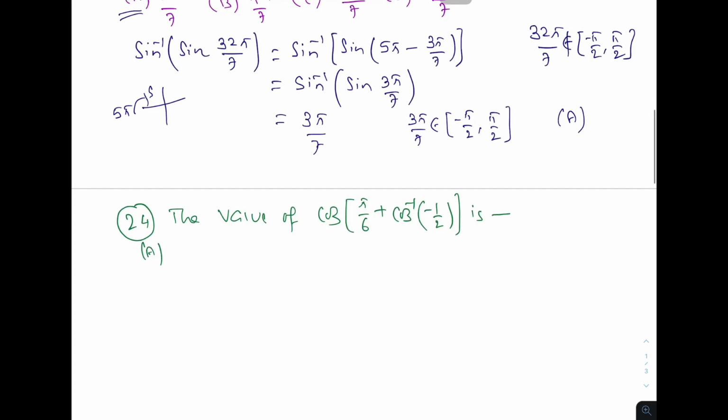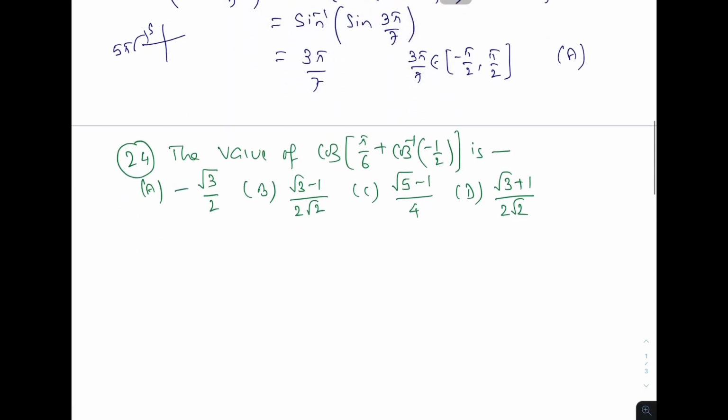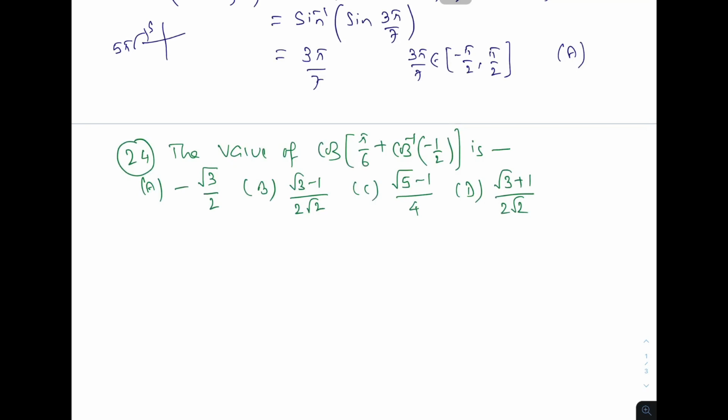Options are minus root 3 by 2, root 3 minus 1 over 2 root 2, root 5 minus 1 over 4, and root 3 plus 1 over 2 root 2. So let us solve this.